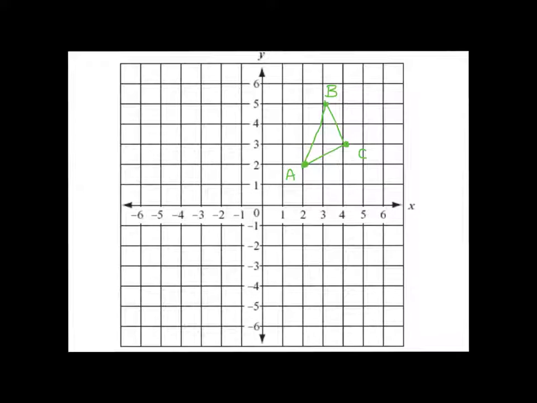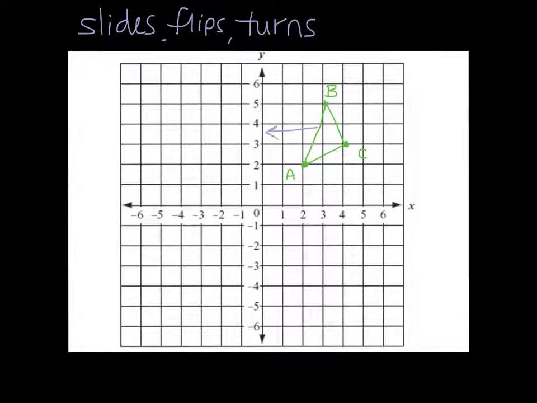So remember when we learned about slides, flips, and turns? I could take this triangle and flip it over my x-axis. And if I do that, it would look something like this.